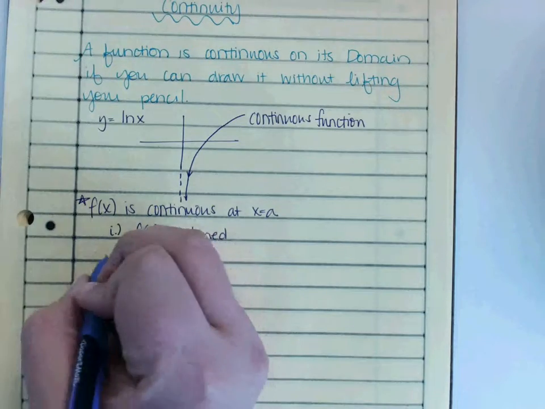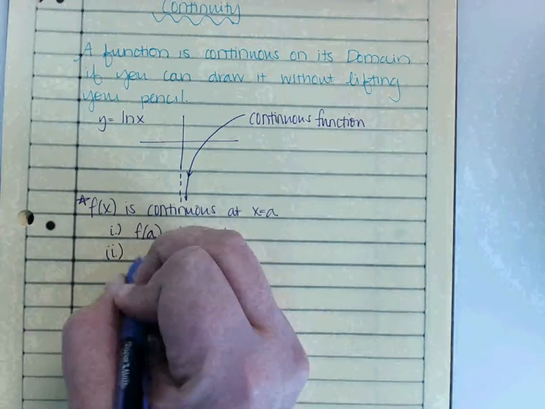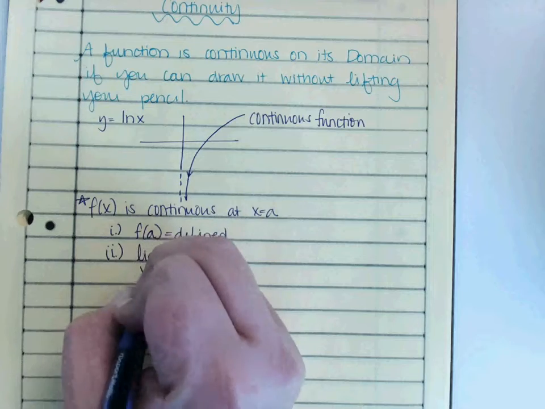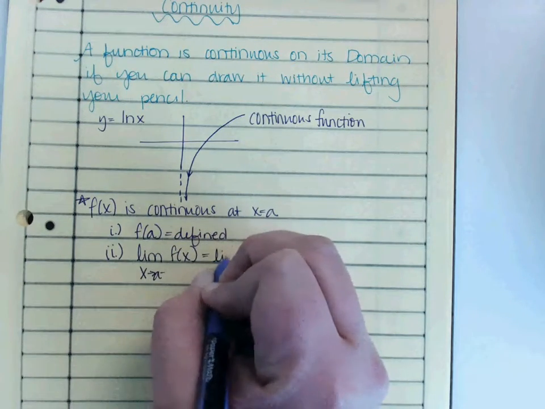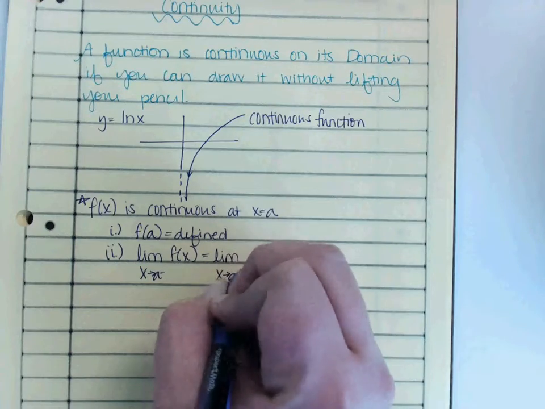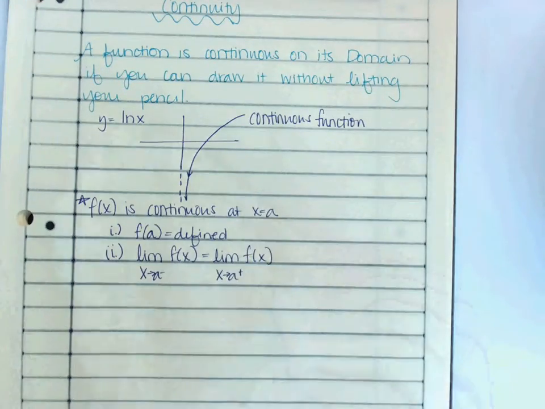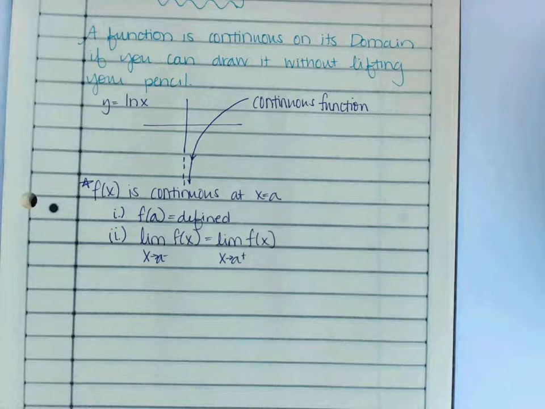Step number two, you have to make sure that the limit as x approaches a from the left is equal to the limit as x approaches a from the right. So you have to have a y value, you have to have a limit. Those two things have to be true. Now I want you to think about, could you draw a picture where those two things are true, but your graph is still not connected?